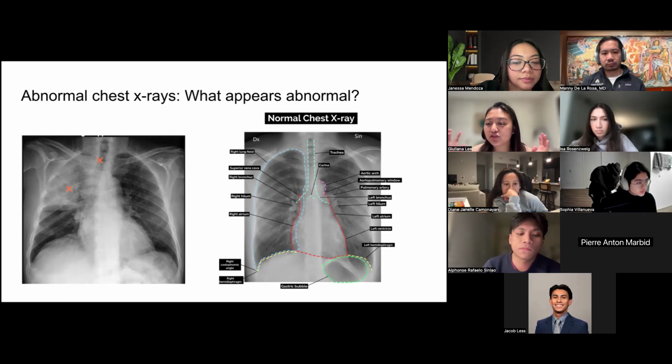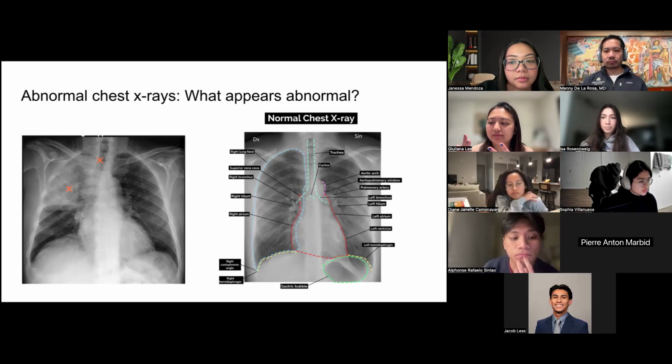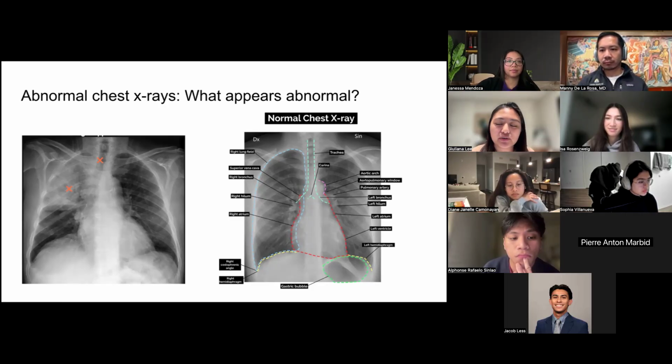It's probably the most general term that you could use to describe any sort of whiteness that you see in a certain area. You kind of separate things into what type of opacity it might be a little bit later.